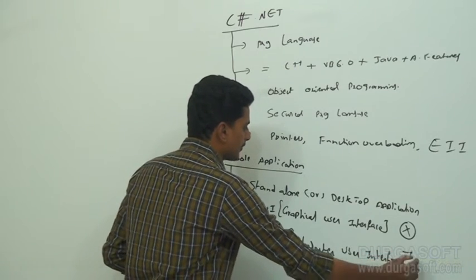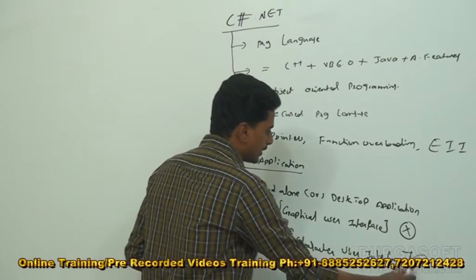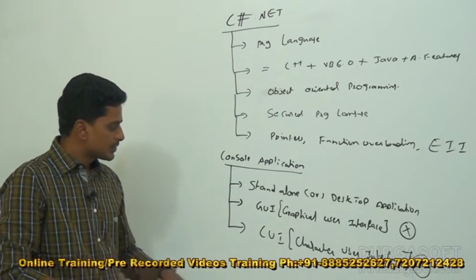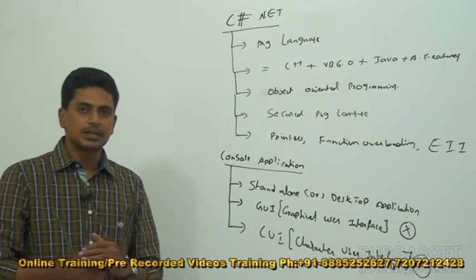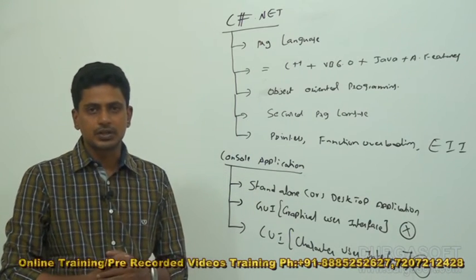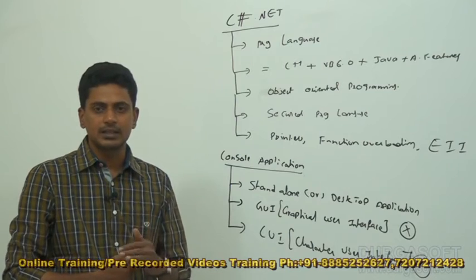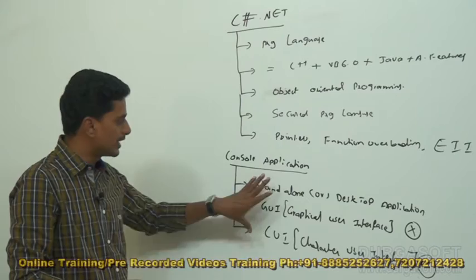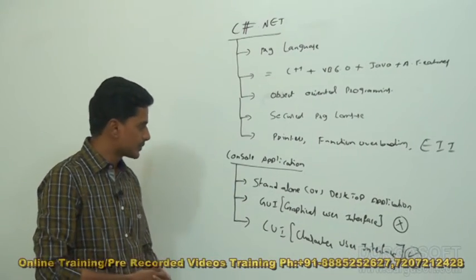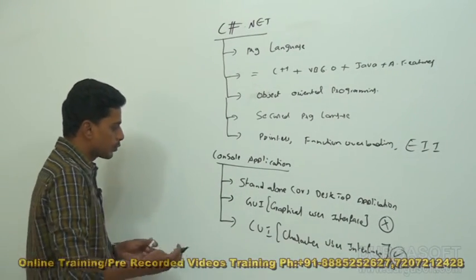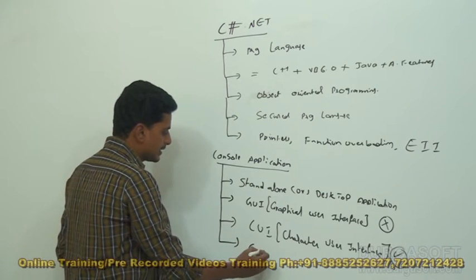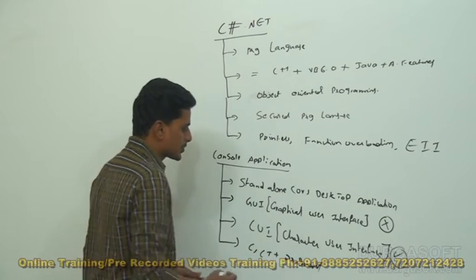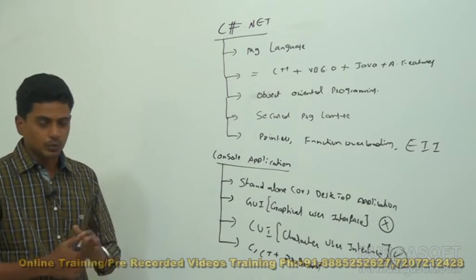So if you want to give input or get output in a console application, you should only give or get characters. That is a command line application. Console application programs are just like C++ programs.